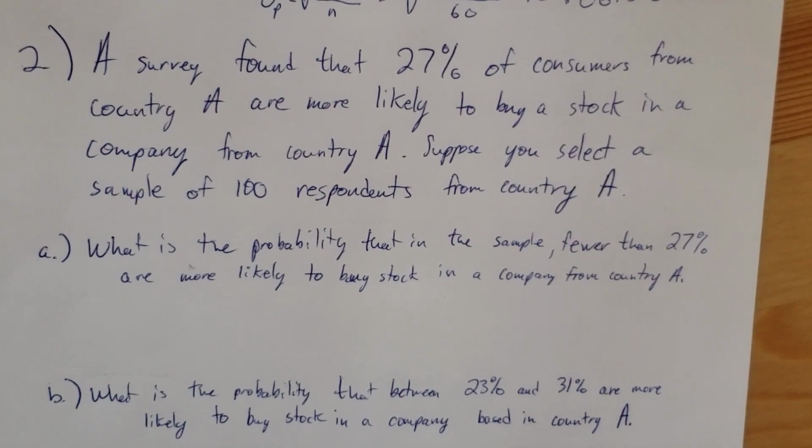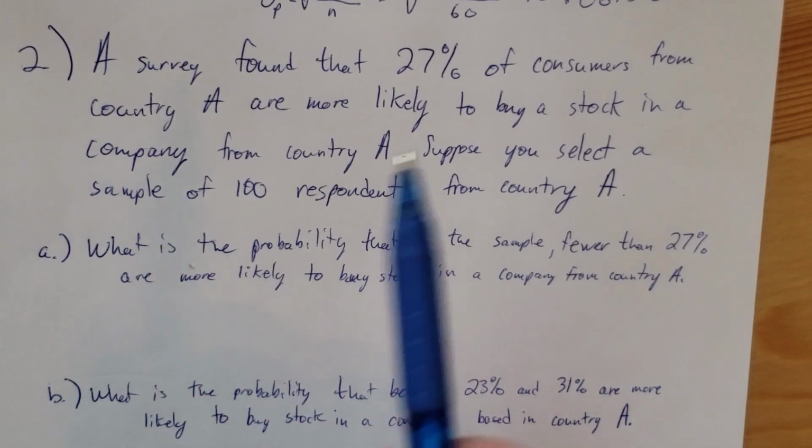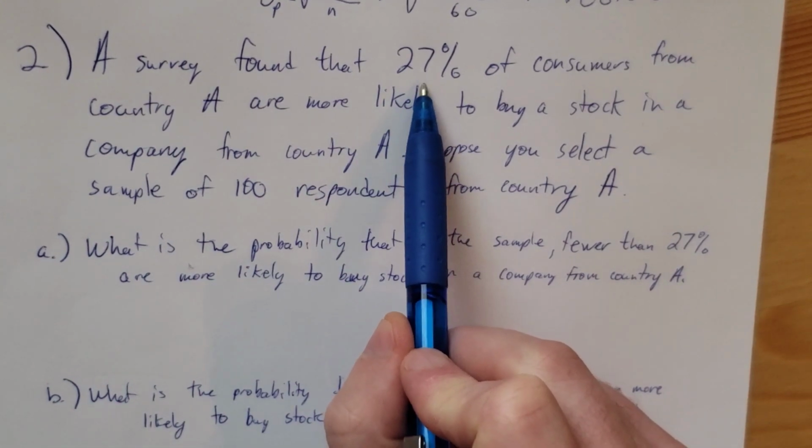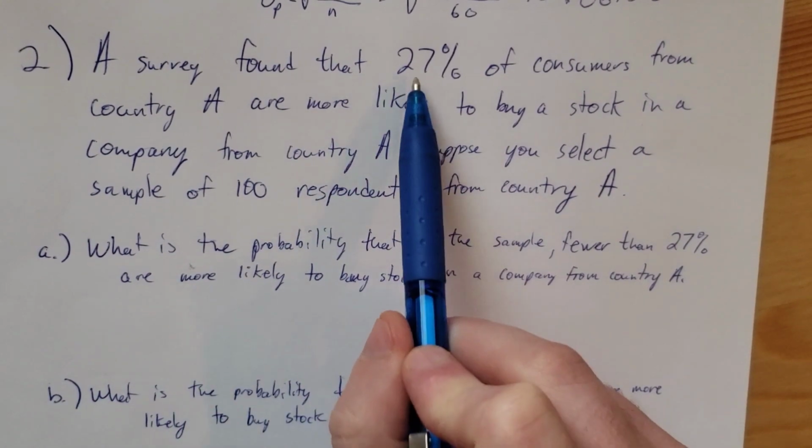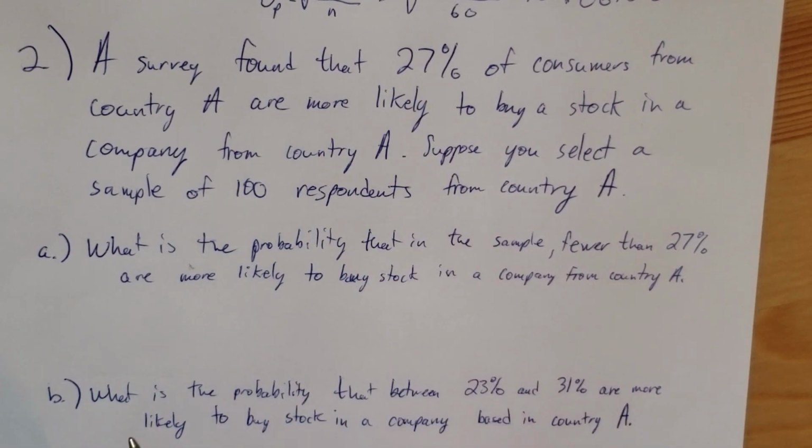well, if we think back to a normal distribution, if we are at our population proportion, or in previous sections, population mean, then half of the things, or half of the options, are below that amount.